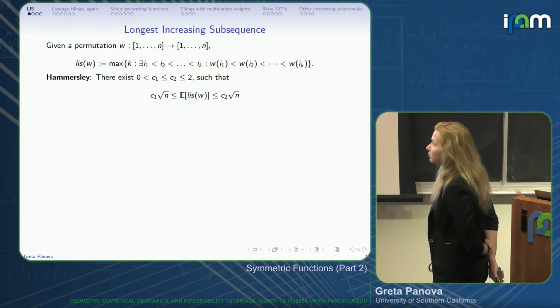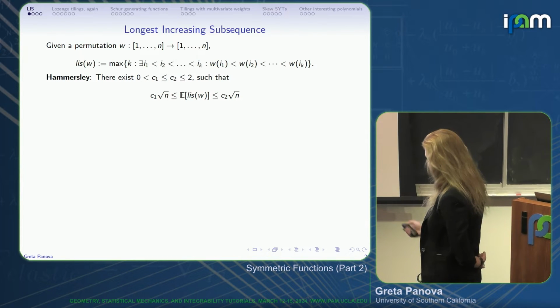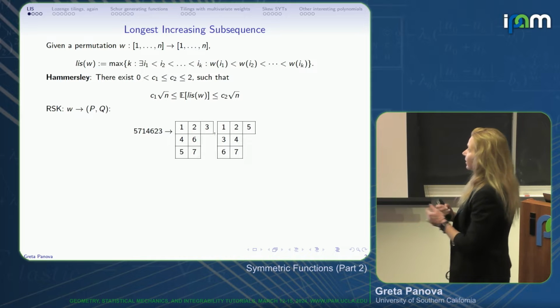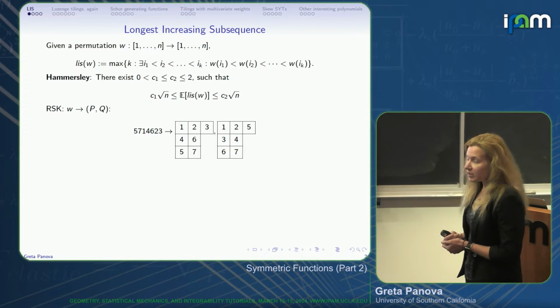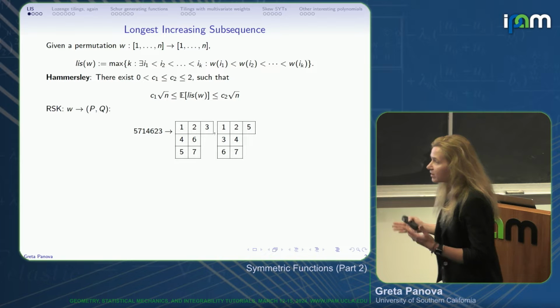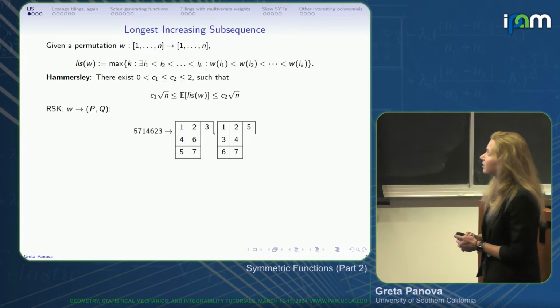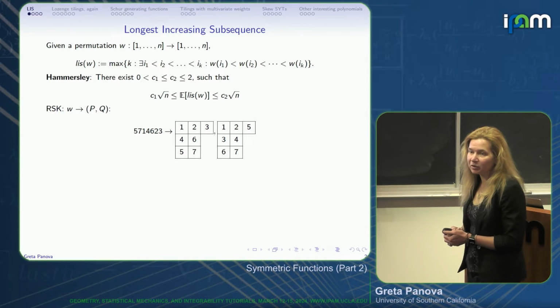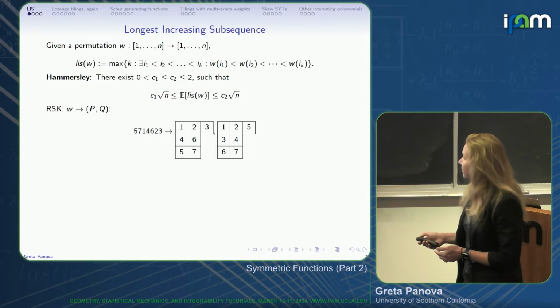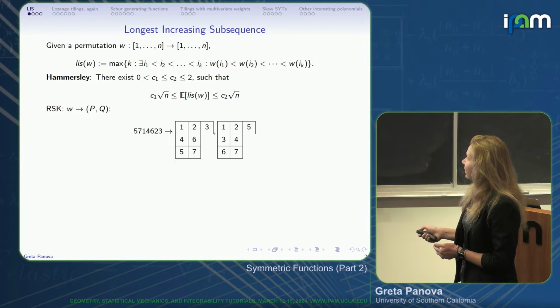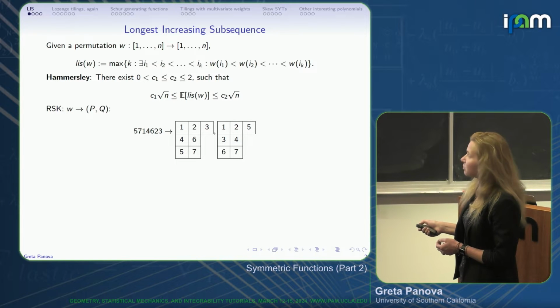So how do we do this? We do this with the tools that I showed you last time. If we take a permutation, there is this RSK algorithm which sends it to a pair of standard Young tableaux. Everybody remembers these: Young diagrams of the same shape filled with the numbers from 1 up to n, increasing along rows and down columns.